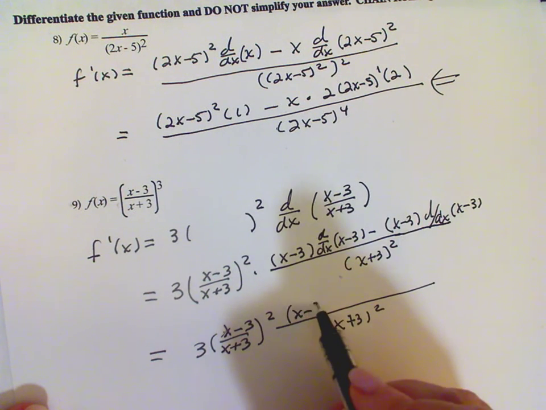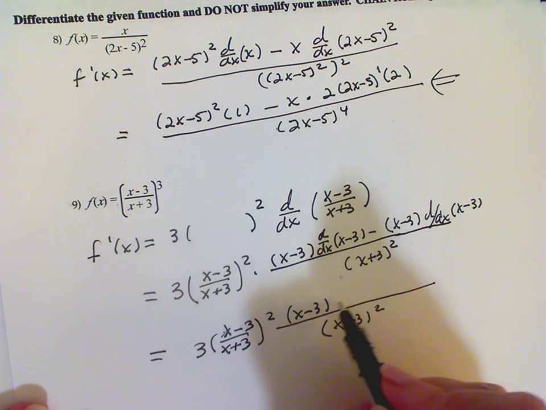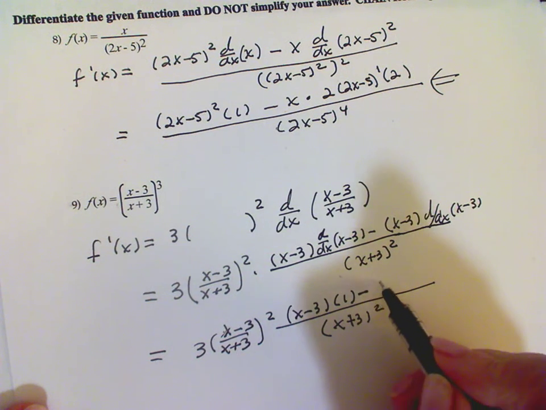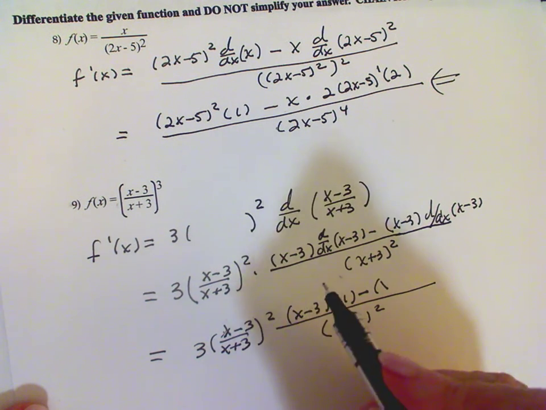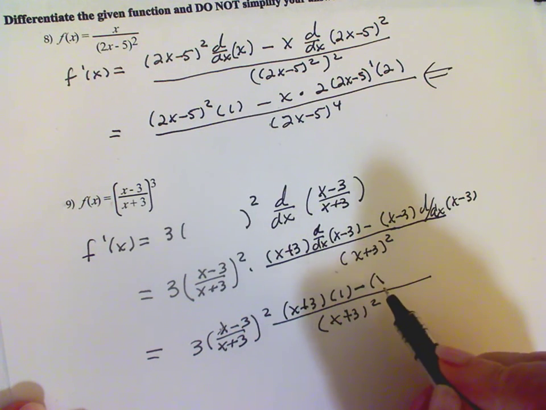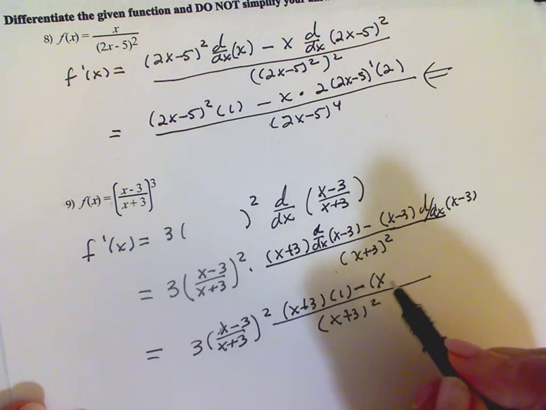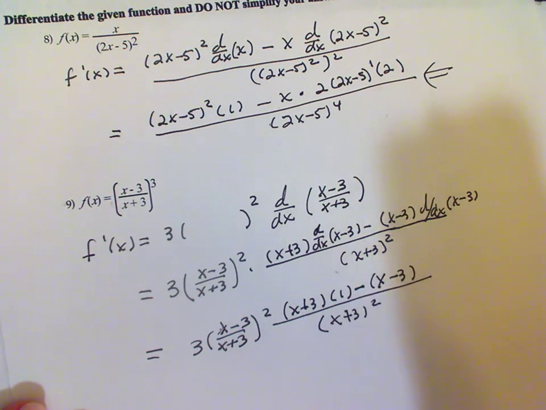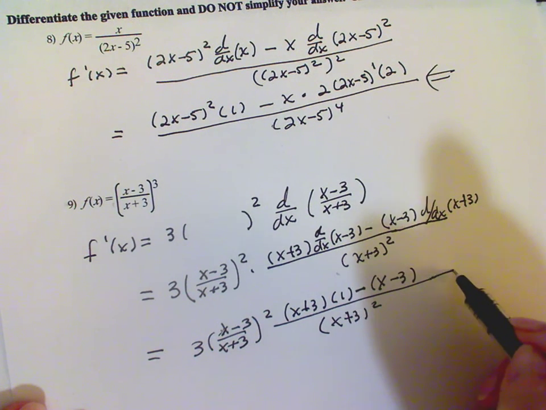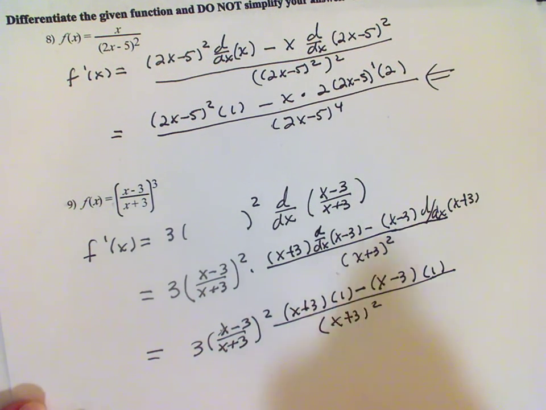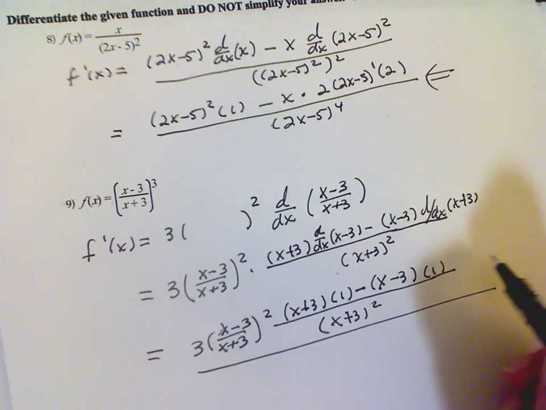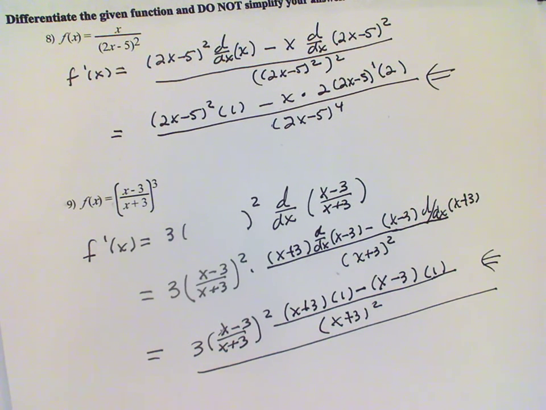So it's x plus 3 times the derivative of the numerator, which is 1, minus x minus 3 times the derivative of the denominator, which is just 1. Now if you want to simplify that, you can, but we'll just leave it there.